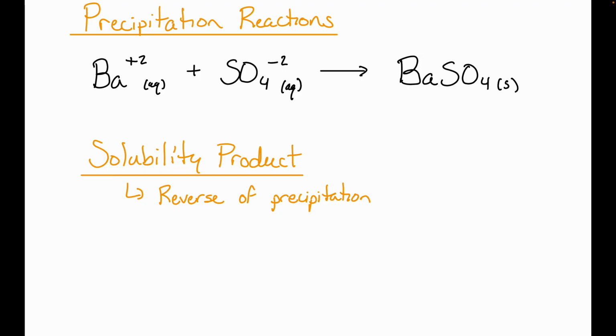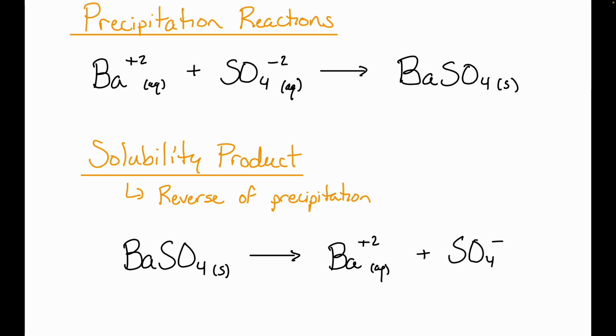My solubility product reaction would be taking that solid barium sulfate and splitting it up into its two constituent ions, the barium ion and the sulfate ion. All right, and having this arrow here is really misleading because really this reaction strongly favors the reactants. But what we're going to be doing is looking at the equilibrium in this reaction, and we call this solubility product. So this is a Ksp, this is the equilibrium here.